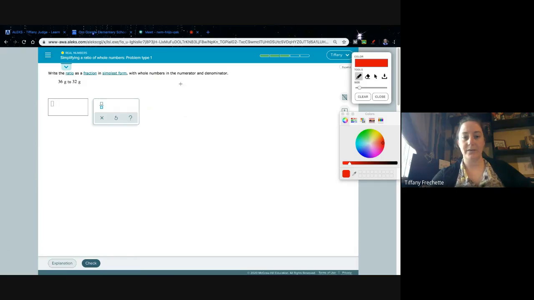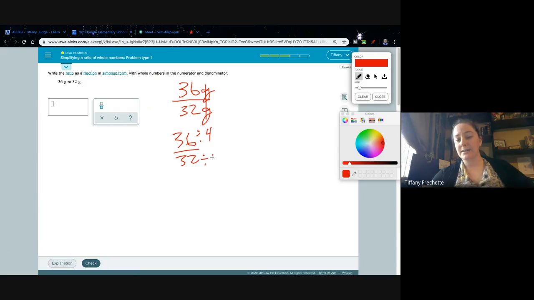One more of these. So I have 36 gallons to 32 gallons. The first thing you do is cancel the units out. And then we just have 36 and 32. We say, what can we divide by? If you recognize right away what you can divide by, that's great. Or you can start with 2's.